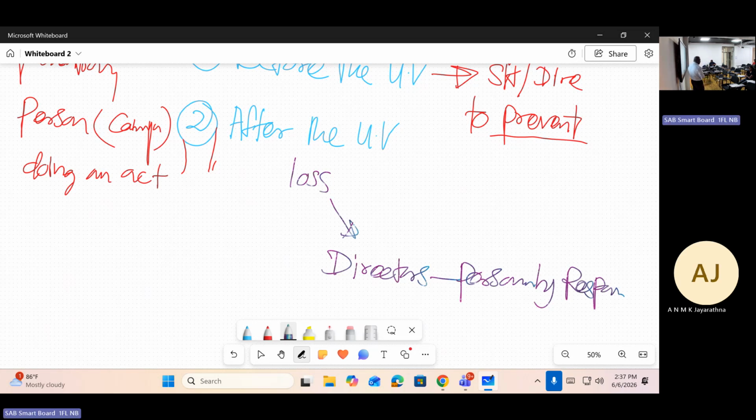If the company gains a profit, then what happens? Suppose the company makes a profit by this ultra vires transaction.